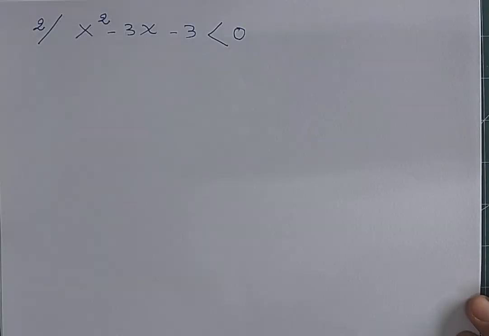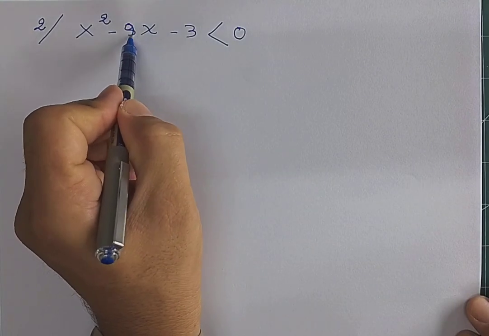The second one here, we have x squared minus 2x minus 3. Okay, so I think that here we have not minus 3 here, but minus 2.